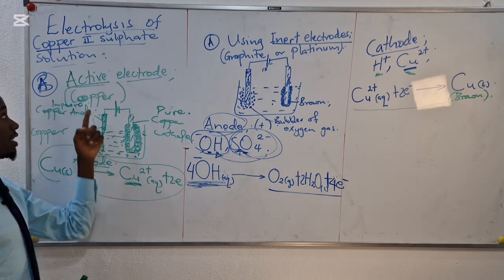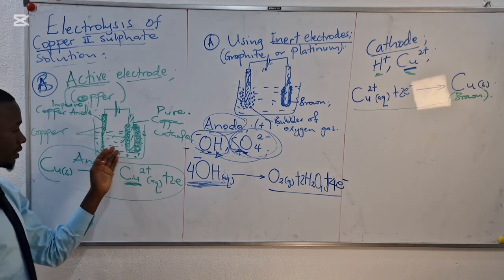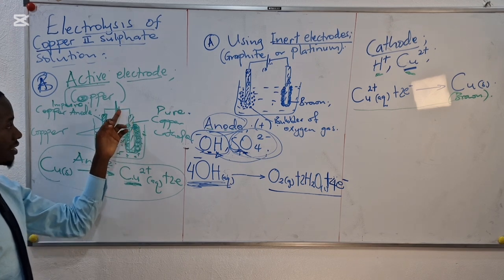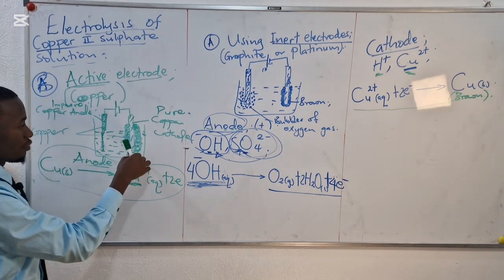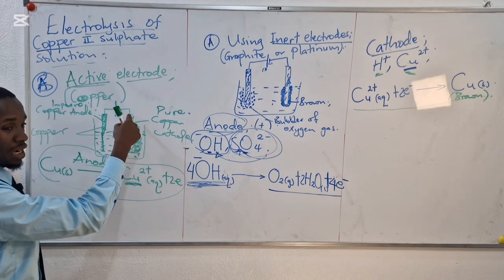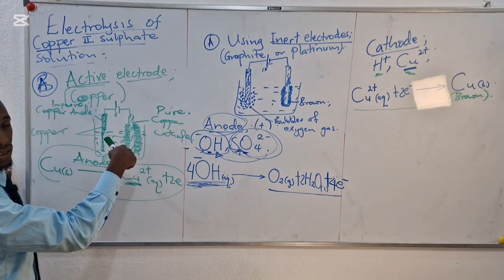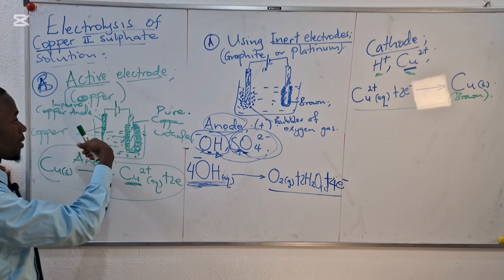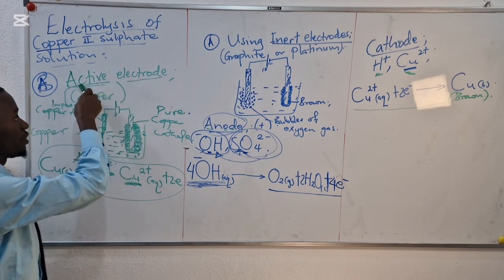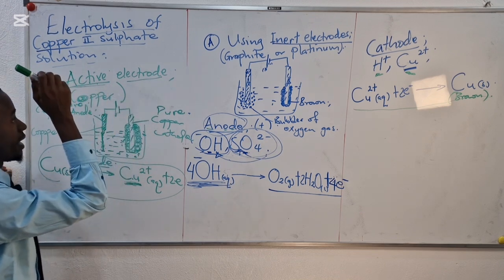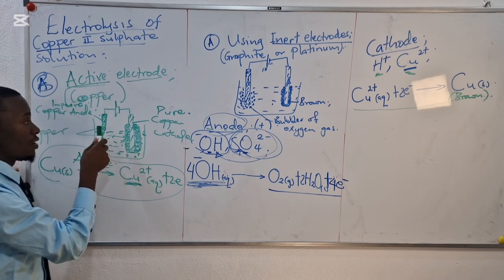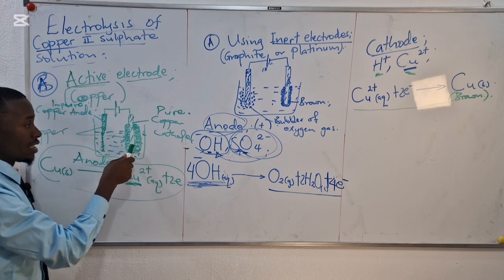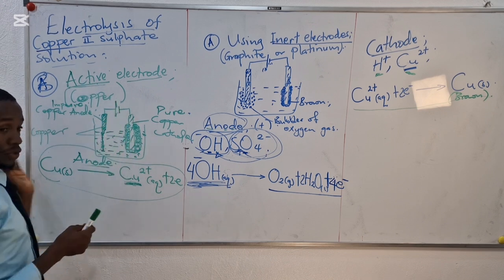If the electrolyte is copper 2 sulfate, whatever you use as the cathode will be coated with copper. Copper will come and form around it. Still, this electrolysis of copper 2 sulfate using active copper electrodes is also applied when purifying copper, where we use impure copper as the anode and pure copper as the cathode.